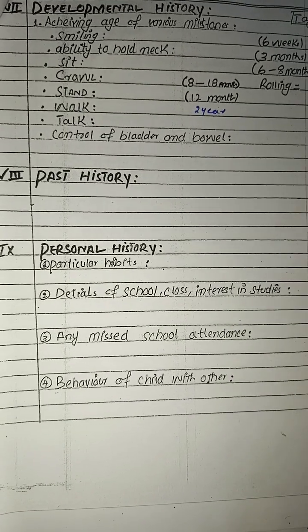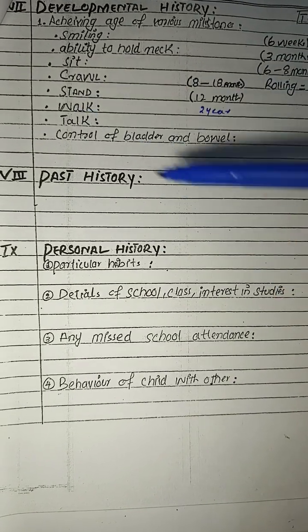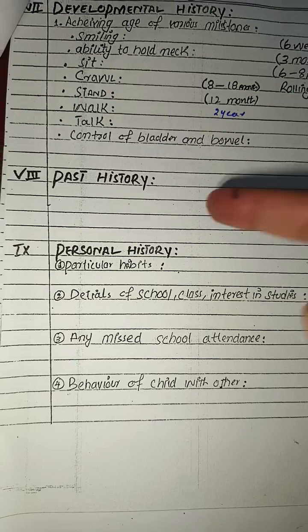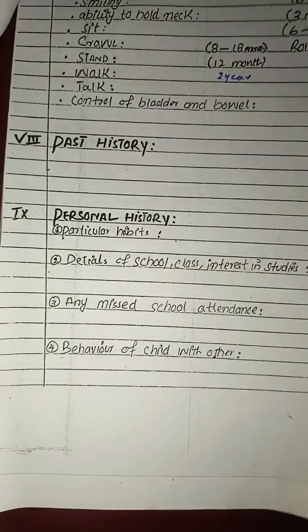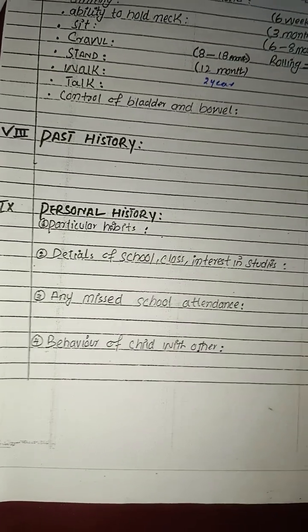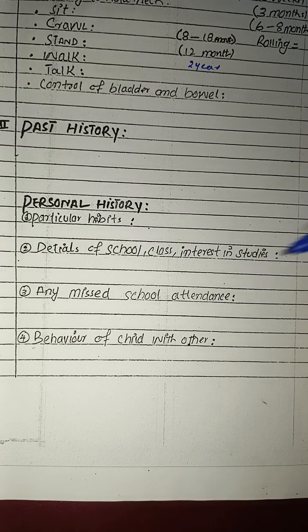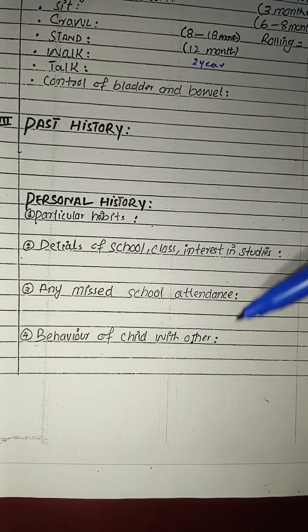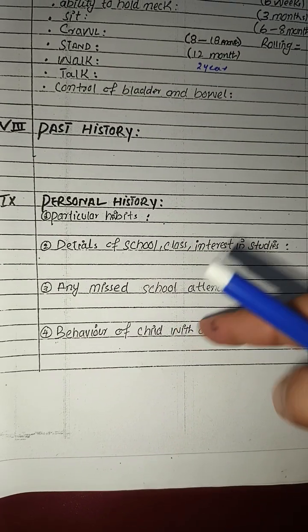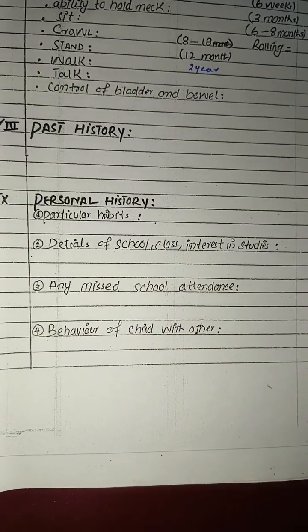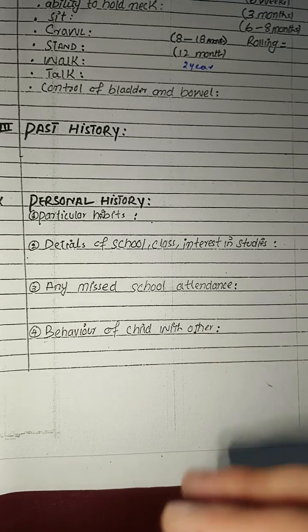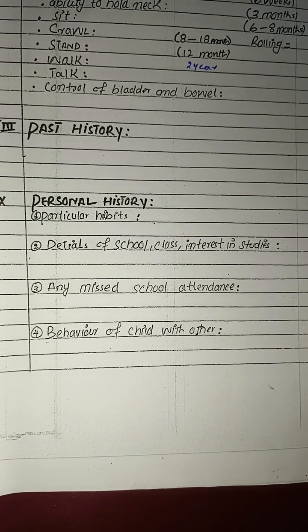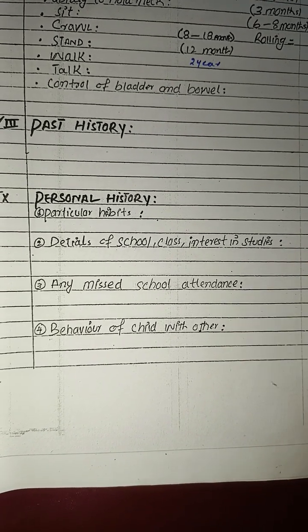Past history: in the past history, as we have already discussed past medical and past surgical history, we have to ask about personal history, the particular habits, the details of school, his studies, his performance in the studies, and his behavior with the child. Either the child is socially isolated, or he is a joyful child, plays with other boys and cooperates in different activities.